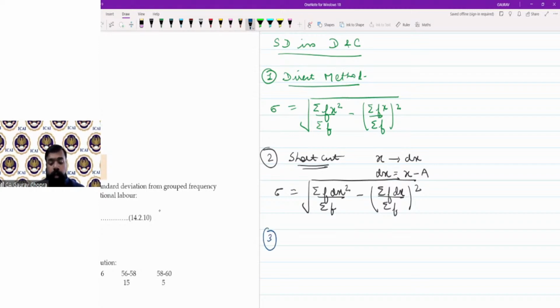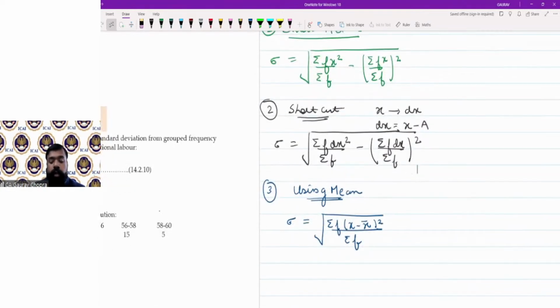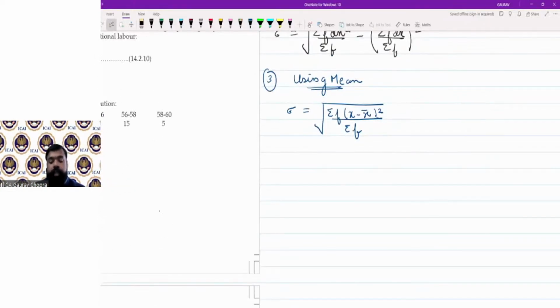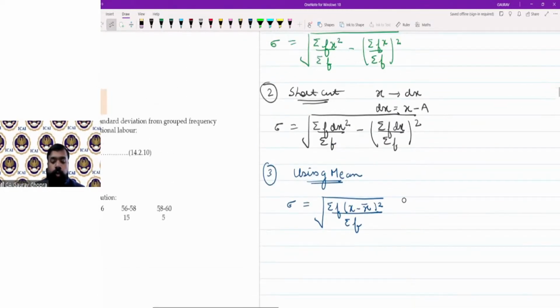The third formula will be using mean. So we can write the standard deviation equal to root of sigma f into x minus x bar whole square divided by sigma f. So this is the formula for using mean. Okay, so these are the three formulas which we have to use.